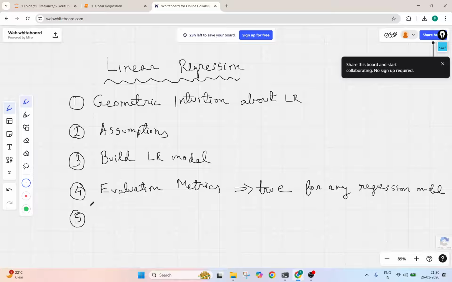After that, we'll be learning about the different forms of linear regression which are used in industry. So for example, multilinear regression, which we also call multiple linear regression. Both the same, multilinear regression or multiple linear regression.